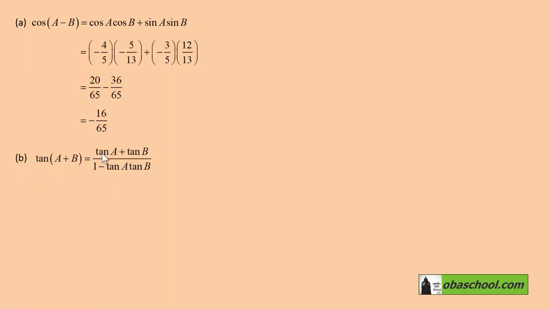Tan(A plus B) is tan A plus tan B over 1 minus tan A tan B. Substitute in the values. So 3/4 add negative 12/5 over 1, take away 3/4 times negative 12/5. The top is 3/4 take away 12/5, and the bottom is going to end up being 1 plus 36/20.